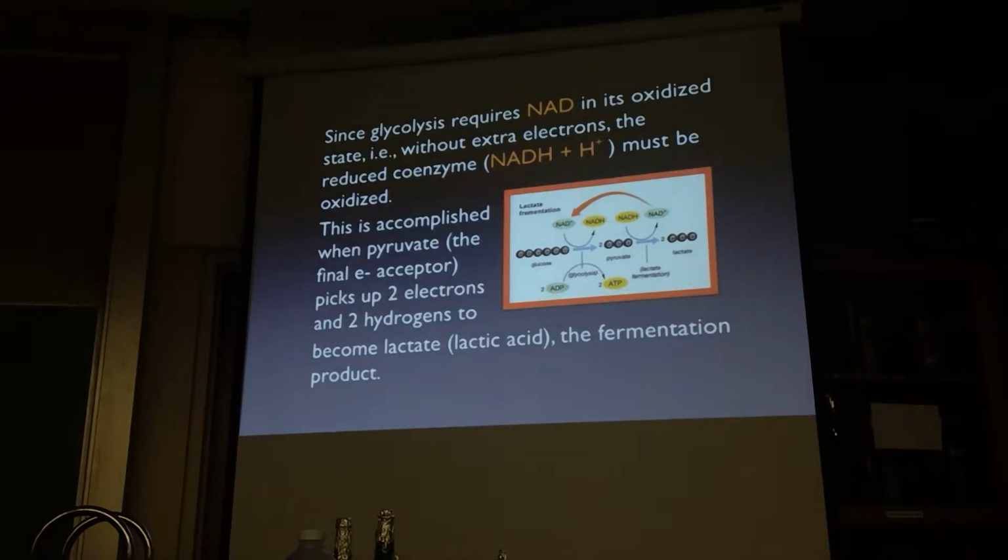The pyruvate picks up the electrons and 2 protons and becomes lactic acid. Lactic acid is the fermentation product. So what is being fermented? Glucose. What is the final product? Lactic acid. It just so happens that lactic acid is something that we have learned to like. We like the flavor of lactic acid.